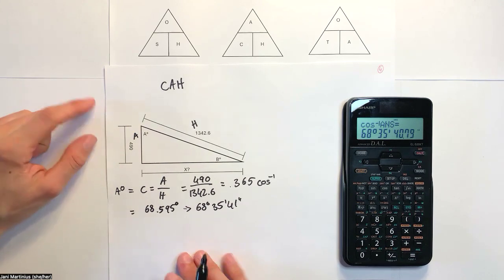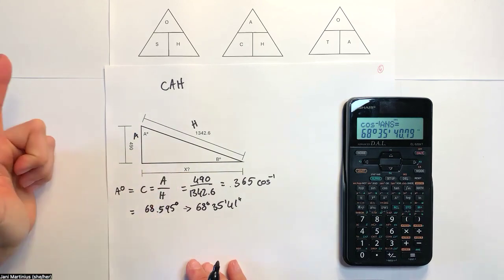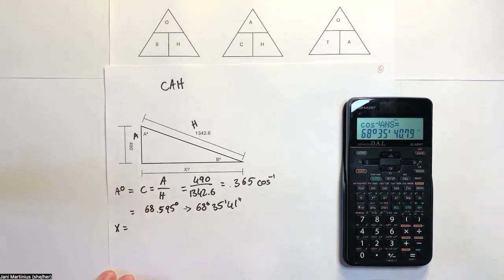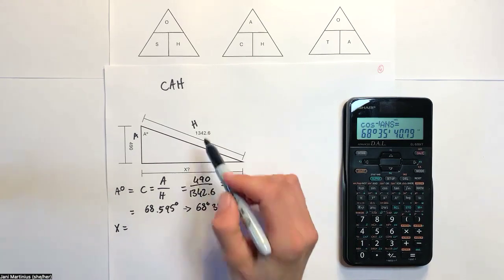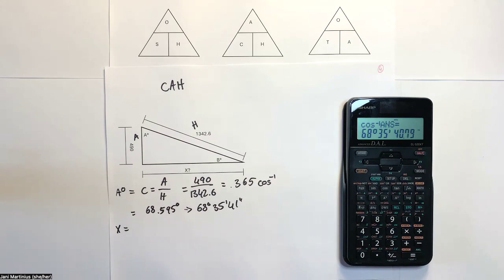Now, could we figure out the side X? Yeah, right? We could do Pythagorean again. So hypotenuse, C squared minus B squared equals A squared.